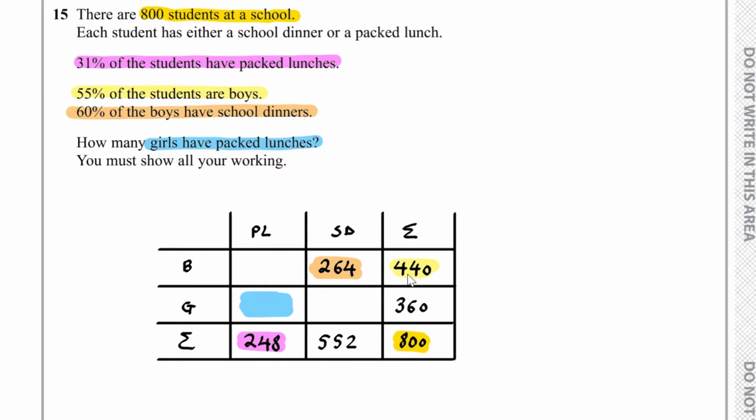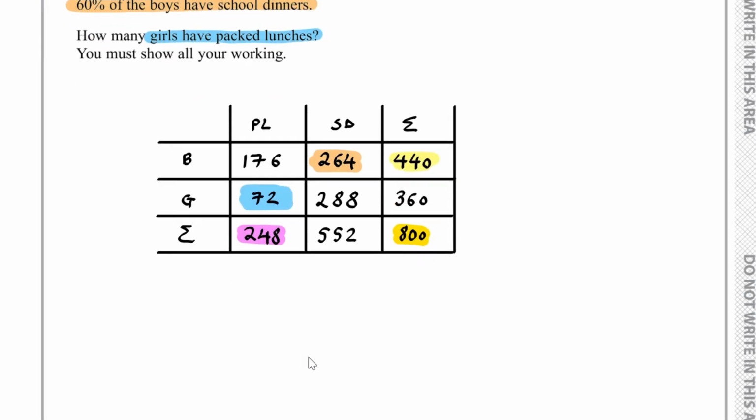Then 440 take 264, that's 176, so there's 176 boys who have a packed lunch. 552 take away 264, you'd find this to be 288, so there's 288 girls who have a school dinner, and therefore the number of girls who have a packed lunch, 248 take away 176, that's 72. So there's 72 girls who have a packed lunch. So let's just write this down. We have 72.